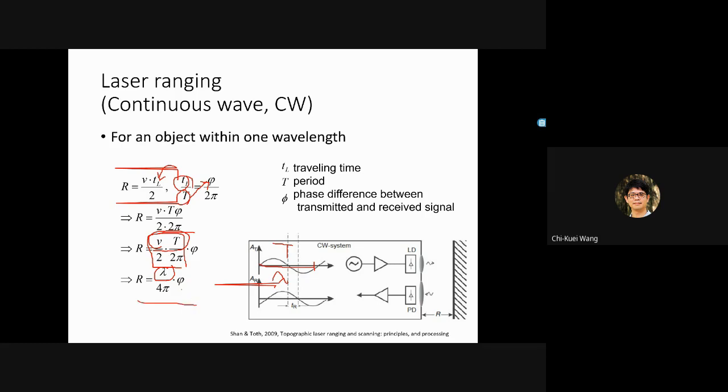Because we can design the wavelength we want to measure the distance, we know the value of lambda, and 4 pi is just a constant. Now we only need to measure the phase difference, phi. Then we know the distance. Hopefully this is okay so far.